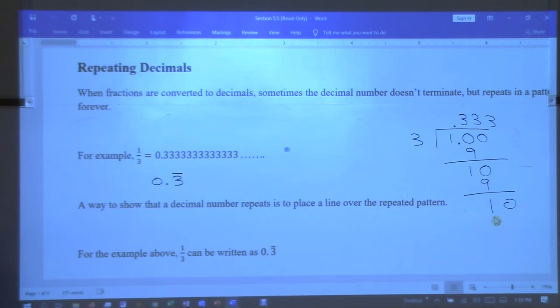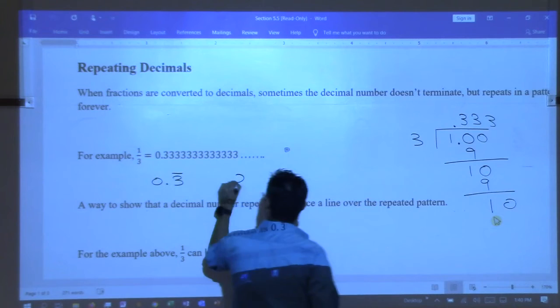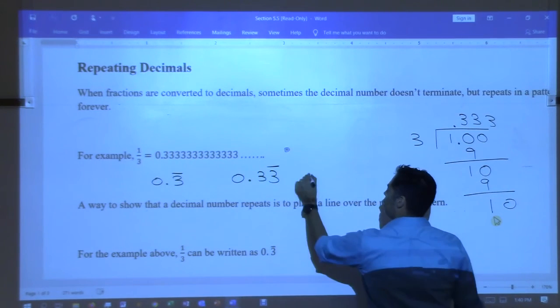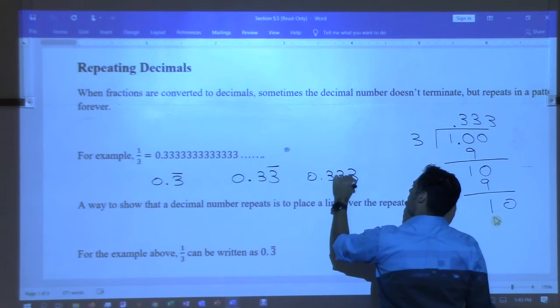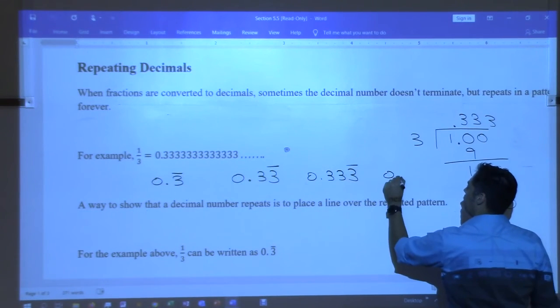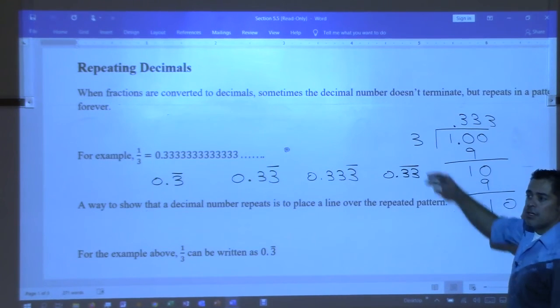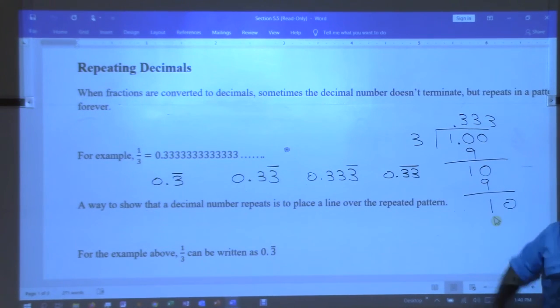Not all of them. Would you count it wrong if somebody put 0.333 and then the bar over the last 3? Yes, that's correct, you could do that. The bar is telling you what repeats.